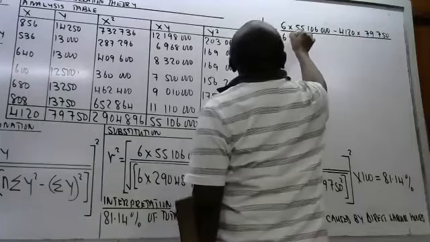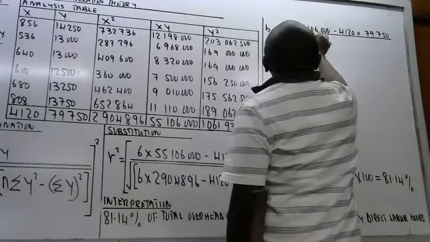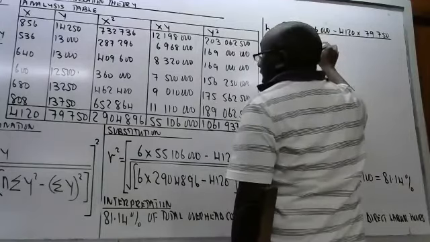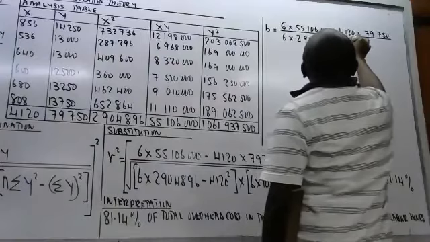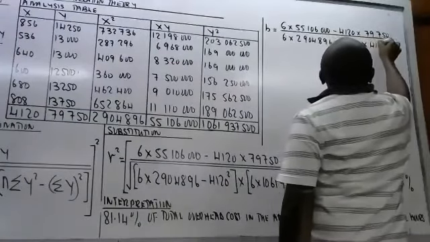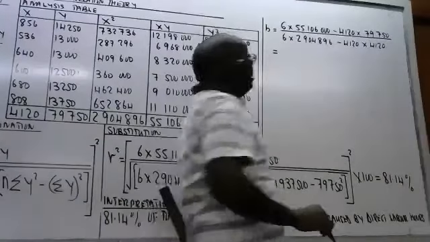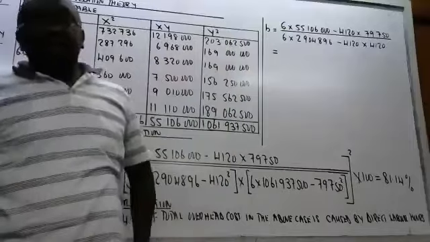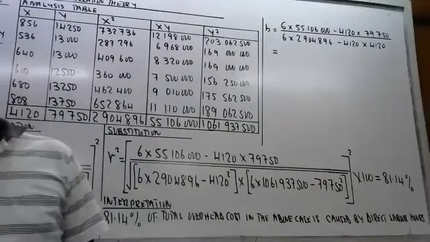You divide by 6 times sum of x squared, which is 2,904,896 minus 4,120 times 4,120. So once again, give me the answer for B.